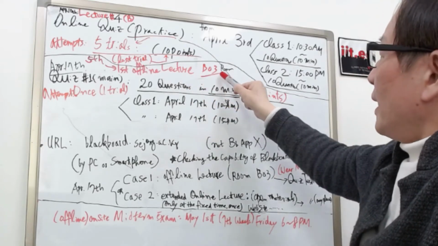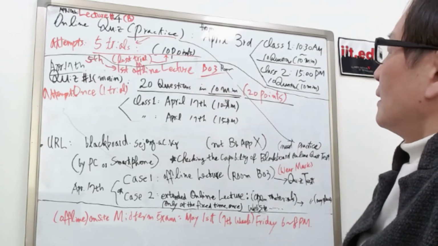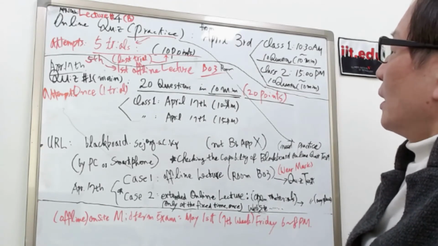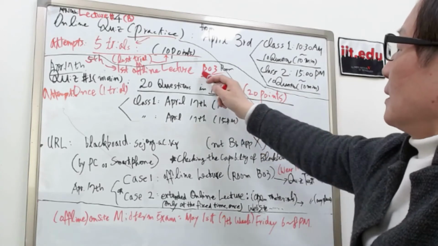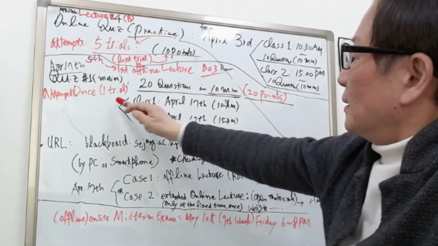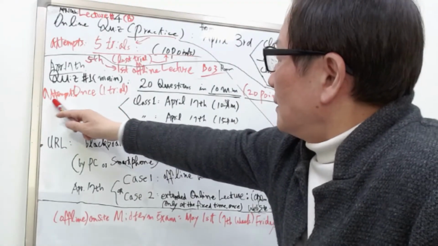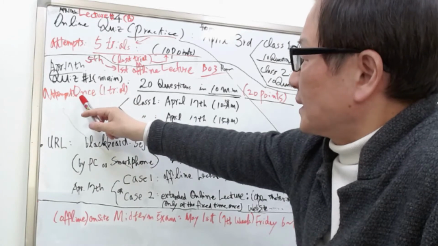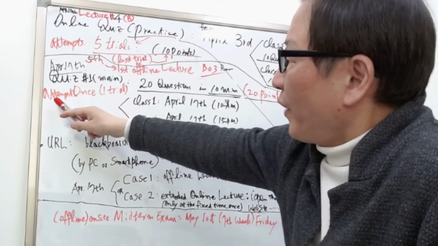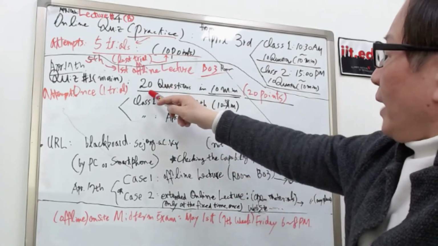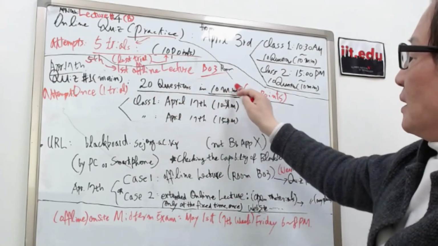And the room number, as in the schedule agenda sheet, is B03. In that case, the main quiz test has just one trial, one attempt. That's it. And 20 questions in 10 minutes.